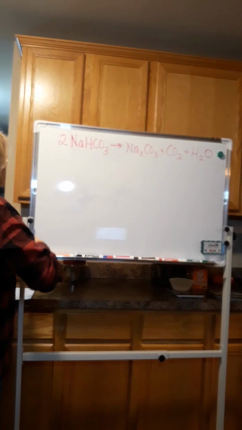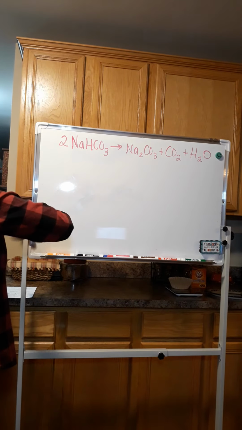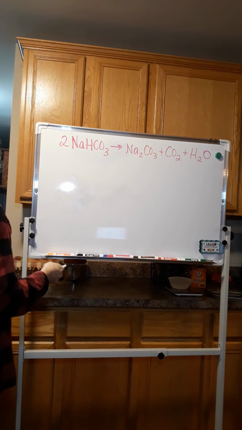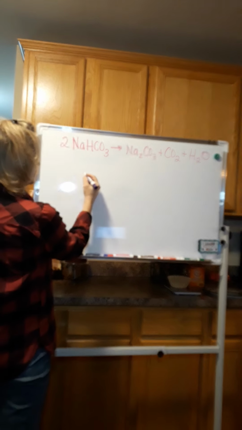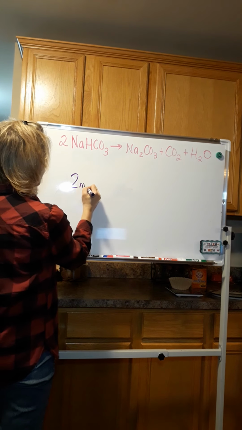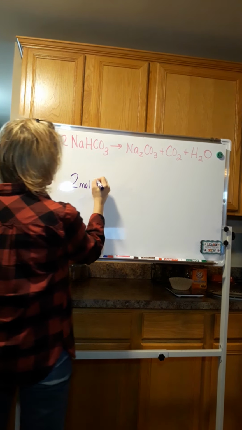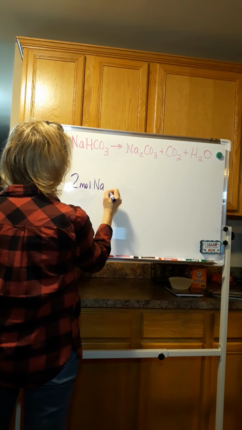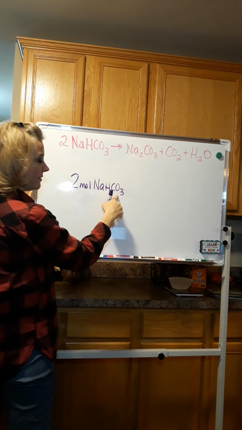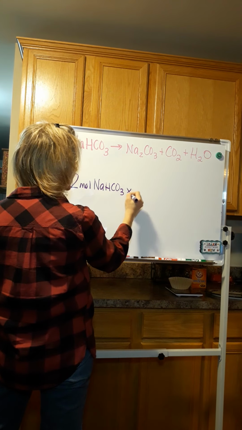So here on my whiteboard, I have my equation. But in order to figure out how much 2 moles of sodium bicarbonate weighs, this is what we're going to do. So 2 moles of sodium bicarbonate is what I'm given. This is what I'm starting with.